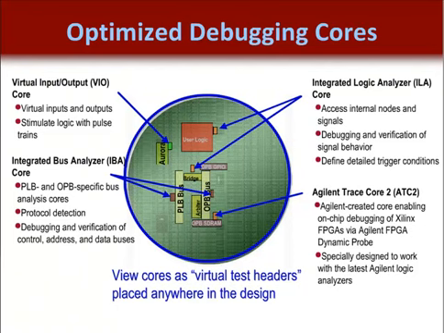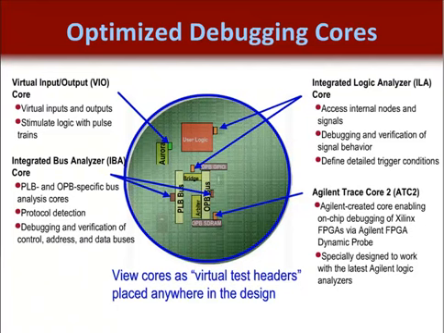The ILA core allows the user to customize the width and trigger ports so that different sizes of data can be retrieved. The ILA core is a basic core used in most HDL designs. The IBA, or Integrated Bus Analyzer core, is optimized for embedded designs that are built using the Xilinx MicroBlaze soft processor core or a dedicated PowerPC core.